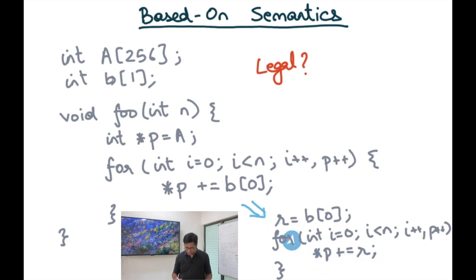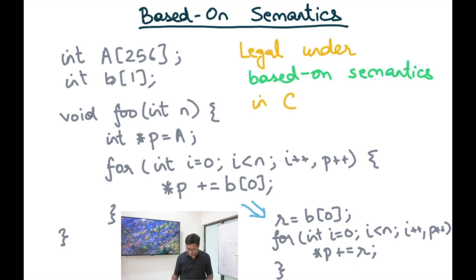Because I know that P cannot alias with B[0], because P should belong to the range of A. And the range of A is this range from 0 to 255 of the A array, and it can never get into B. And if it gets into B, that's undefined behavior, so the compiler doesn't need to worry about that. The compiler can just assume that the programmer has written a correct program, which does not have UB, or it's a UB-free program. So the answer is that this is legal under the based-on semantics in C.